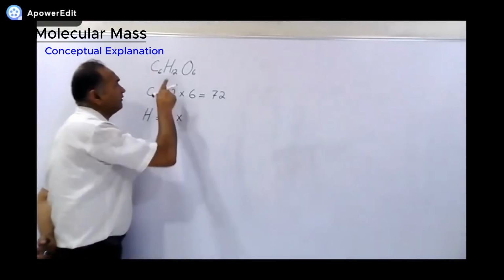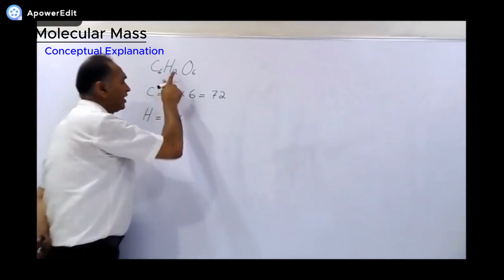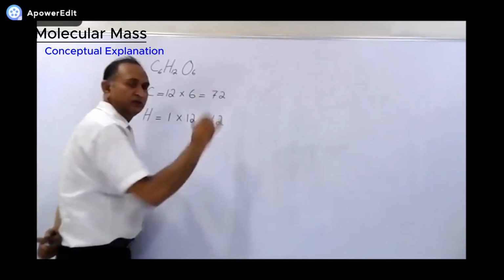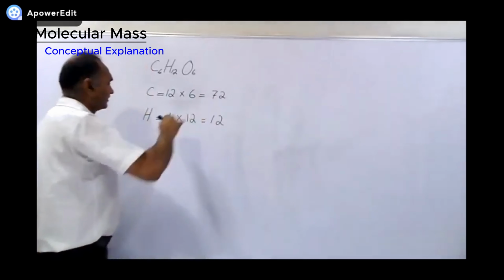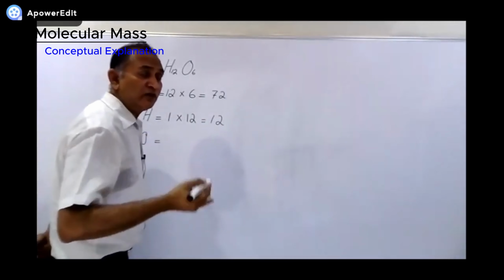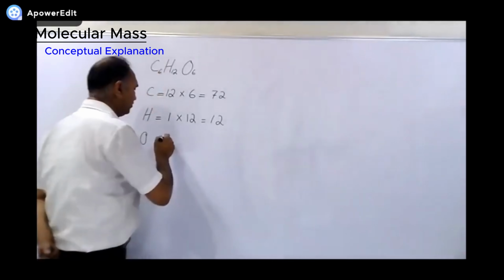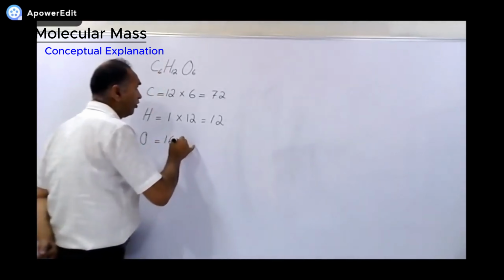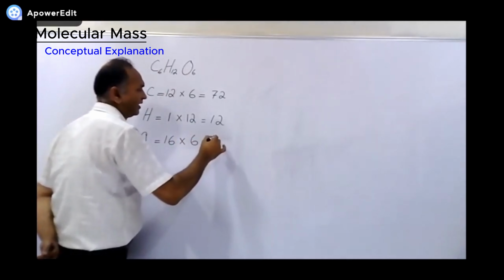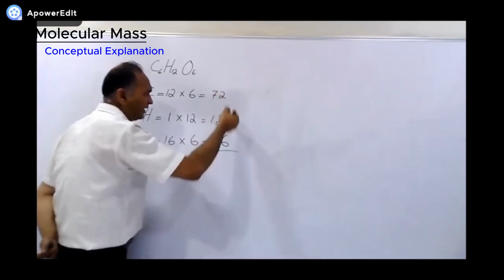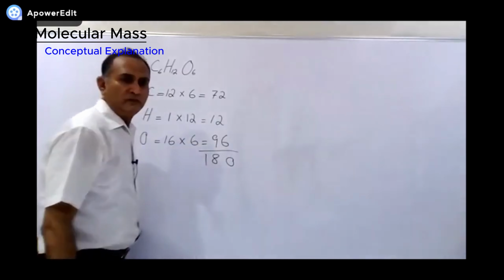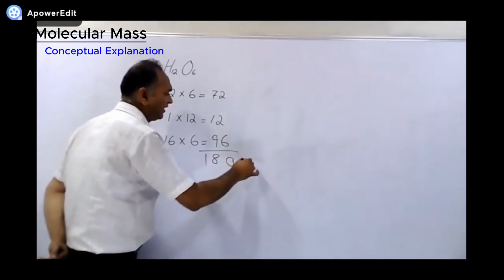How many hydrogens do we have here? The subscript with hydrogen is 12. 1 12s are 12. Next, what is the atomic mass of oxygen? 16 AMU, or simply 16. How many oxygens do we have? 6. 16 6s are 96. Adding them all, 180 AMU is its molecular mass.